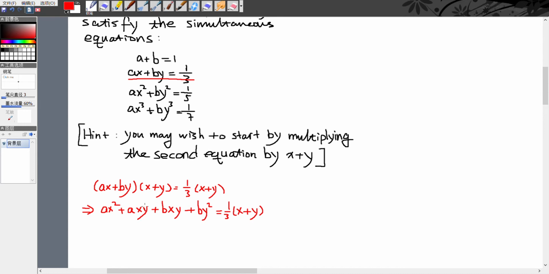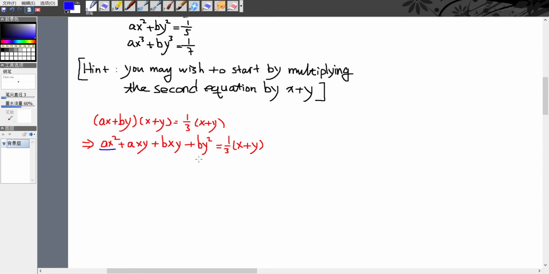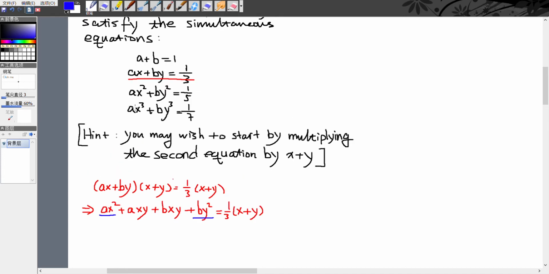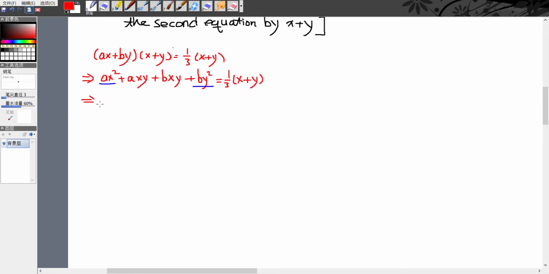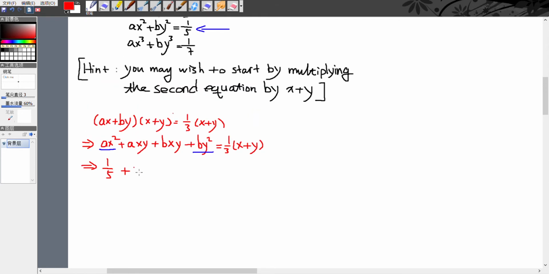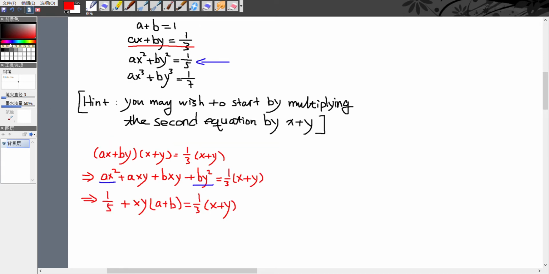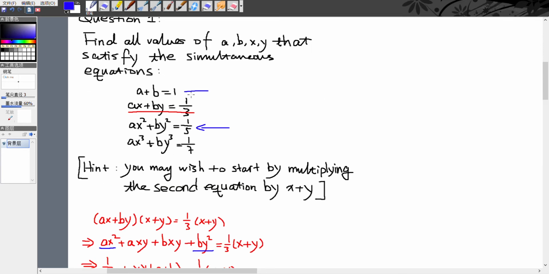Okay, so here we notice that ax squared plus by squared is actually a result from the above simultaneous equations. So we will have 1 over 5 plus xy times a plus b equals 1 over 3 times x plus y. And a plus b is equal to 1 as well.